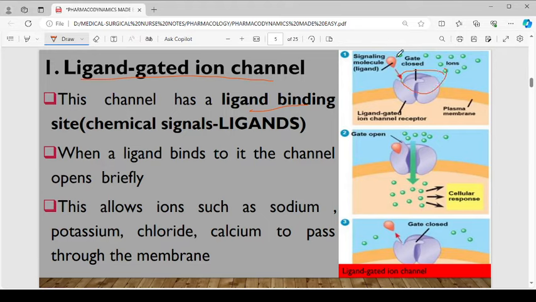So when the binding happens, this channel is going to open, and then therefore ions like sodium, potassium, chloride, calcium will be able to penetrate through this membrane into the cell cytoplasm. And then once in the cytosol, they are able to bring about the cellular response. Once this is done, the gates usually close.